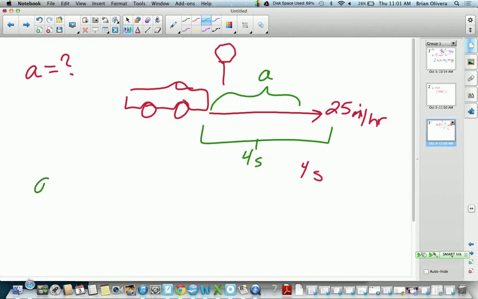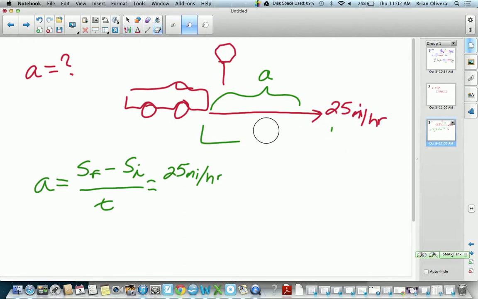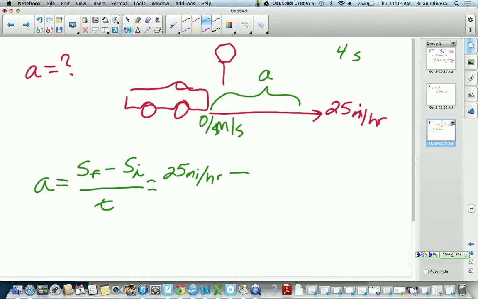So if my formula is acceleration equals the final speed minus the initial speed divided by the time, I should be able to reason that the final speed is 25 miles per hour. And let me erase this to give you more room. Okay, we said it was 4 seconds. And then the initial speed, because it was at a stop sign, my initial speed would have been 0 meters per second because I wasn't going.